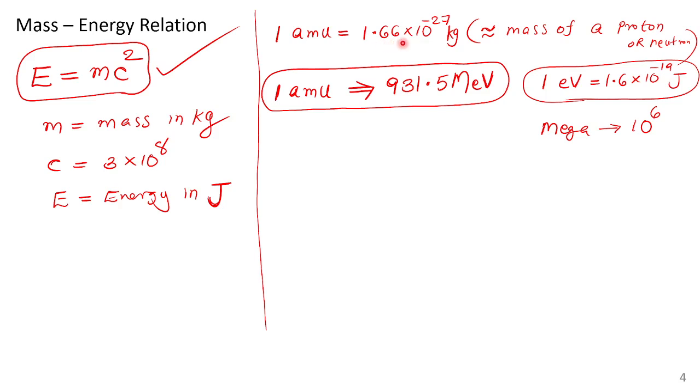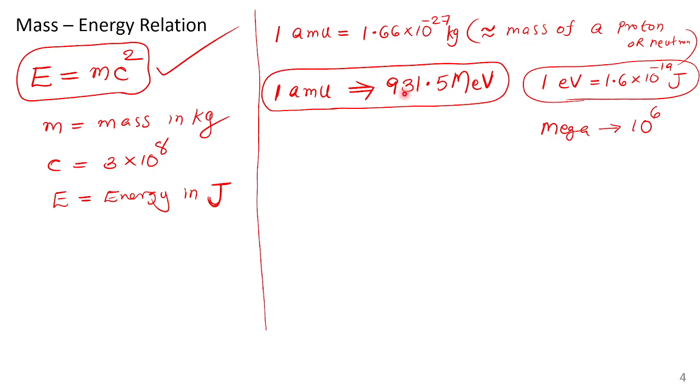I told you that every mass can be converted to energy. So if you convert a single proton or a single neutron into energy, that is one atomic mass unit. How much energy will you get?